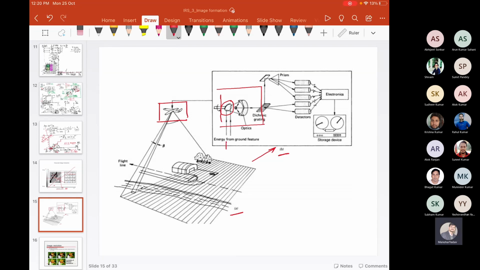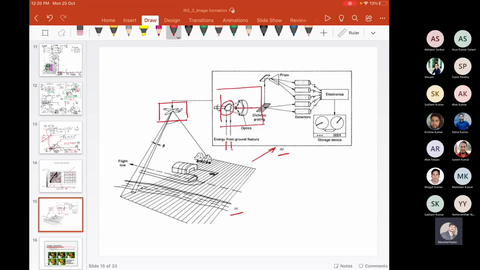From the ground resolution cell, energy is falling on the mirror, and further this mirror is focusing energy on the sensor. Just see over here, it passes through over here. It is falling on a dichroic grating that further divides energy into thermal and non-thermal parts.